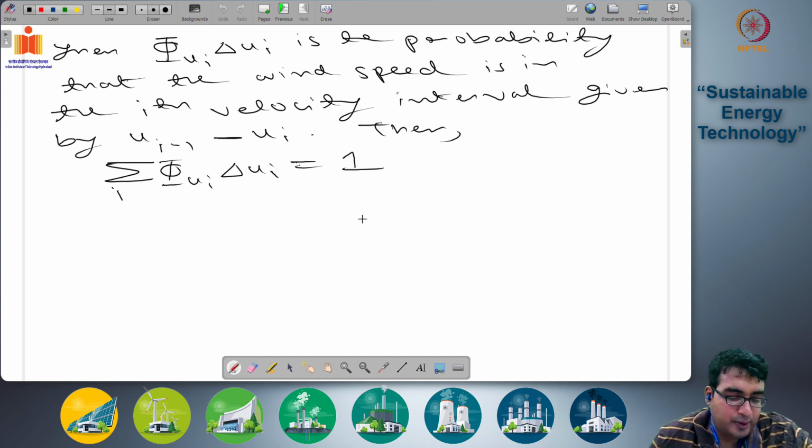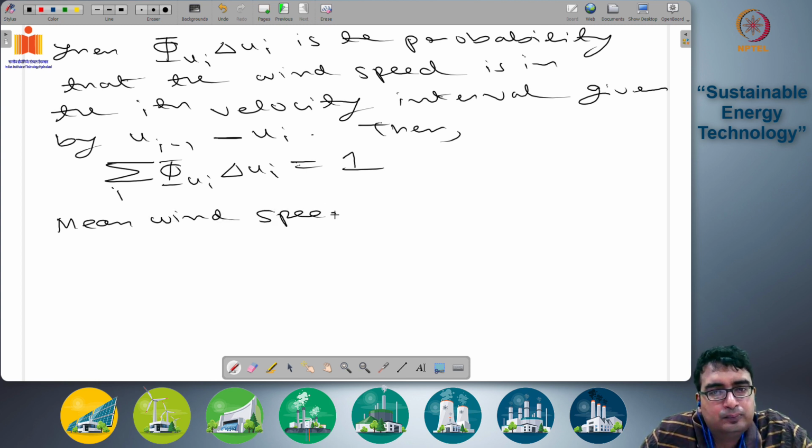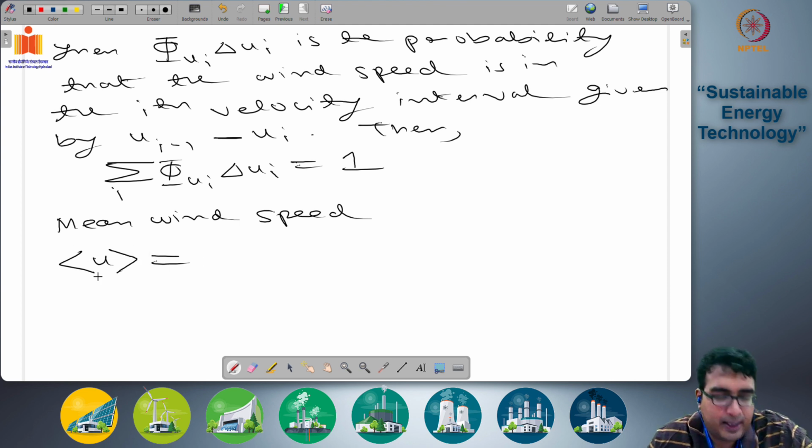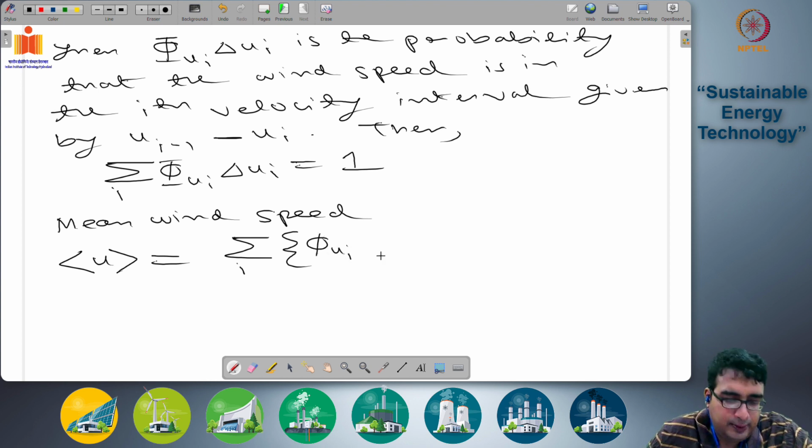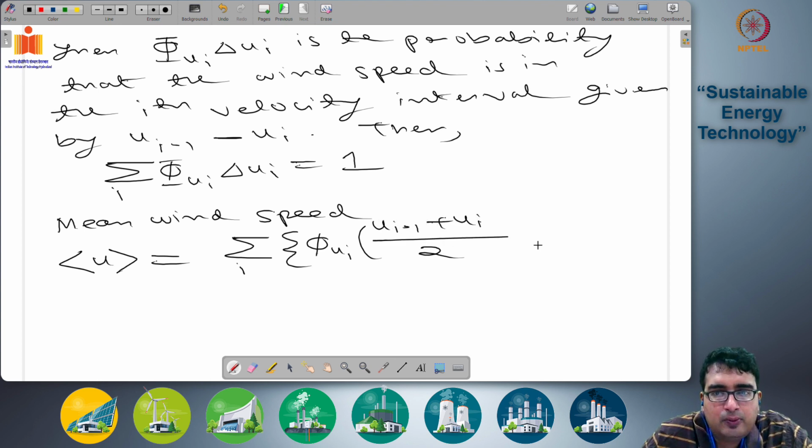So now that we have defined the probability distribution, it's easy to understand what the mean wind speed will be. The mean wind speed, we'll call this u within square brackets, is the summation over i of phi ui into ui minus 1 plus ui by 2.